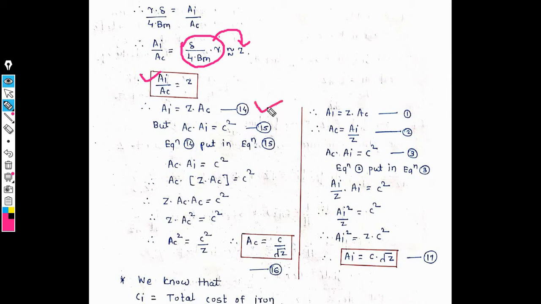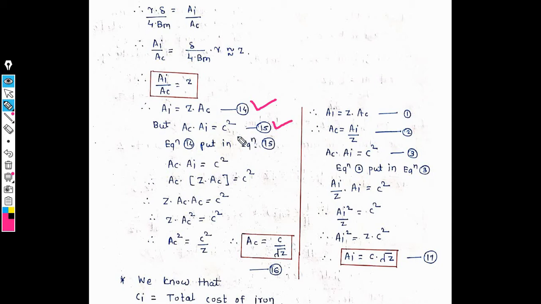This is equation number 14. Initially we consider AC is equal to a constant C and AI is equal to a constant C, so AC into AI is C square. Equation number 14 is put in equation number 15.